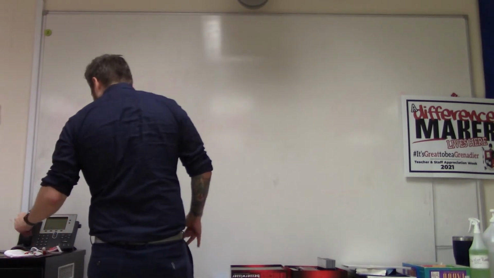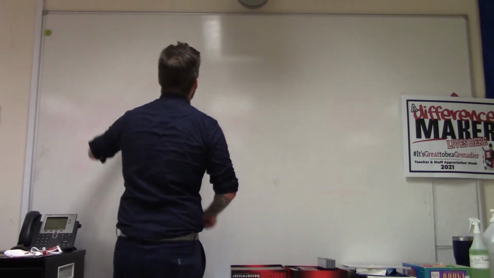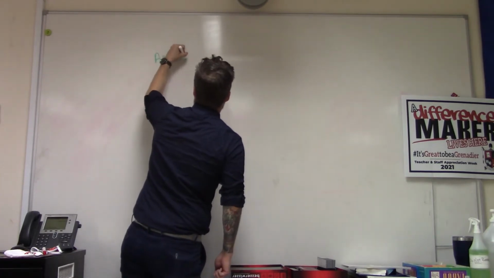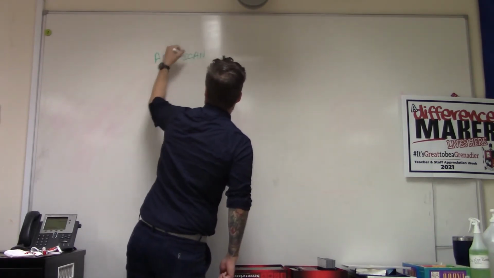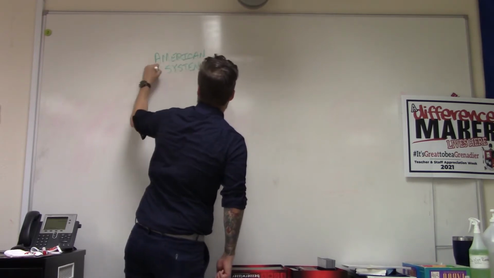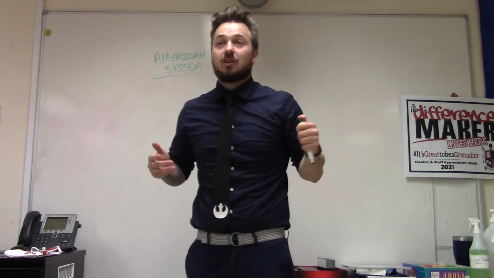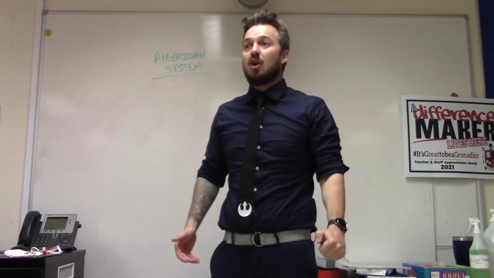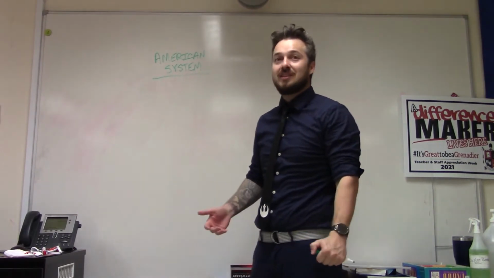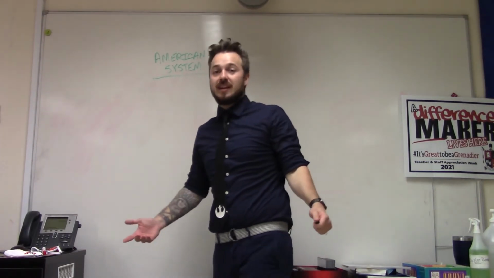So the American System was an economic idea that really created a strong, growing American economy during the 1820s up until the Civil War. This set everything up.